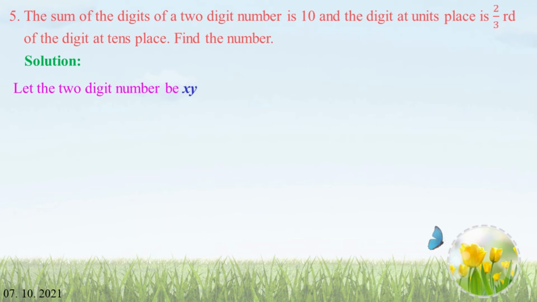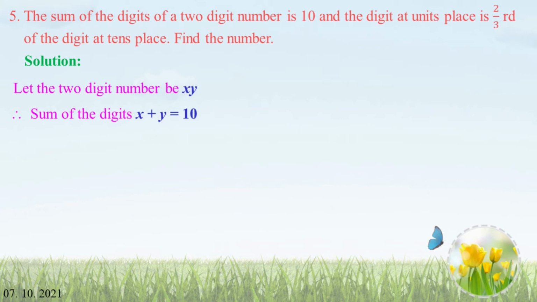Let xy represent the unknown quantity. That means xy is a two-digit number. Here x is the tens place and y is the units place. According to the statement, now we form the linear equation.